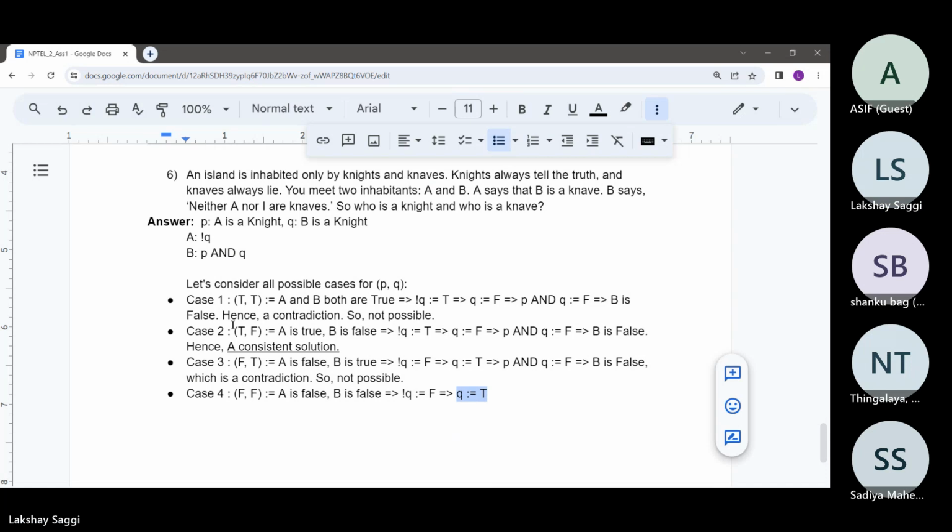But this comes to the conclusion that Q is true, but we had assumed in this case that Q is actually false, because this was the case of false false. But we have arrived here at Q is true. So this case is also a contradiction.